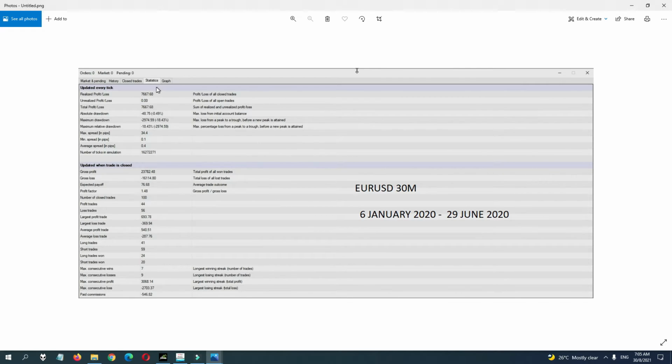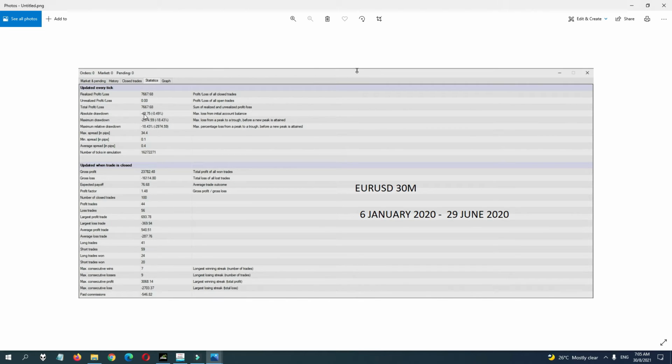In 100 trades, this is a 10K account in the simulation, and I risk 2% per trade. I made a 76% gain on the account, 7,600 something, and that includes commission and spread.